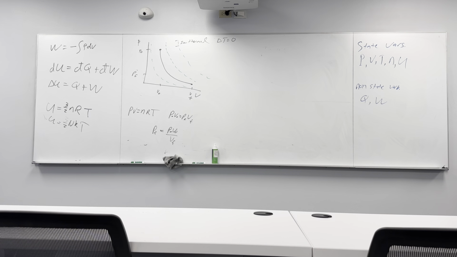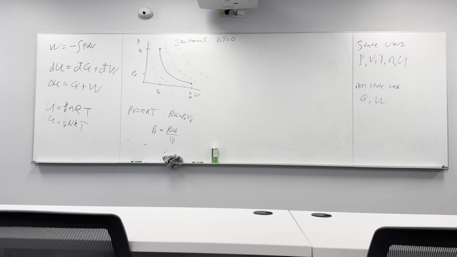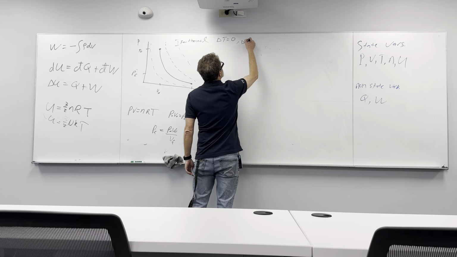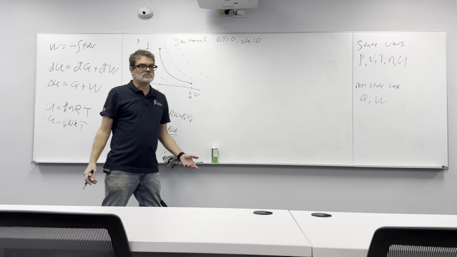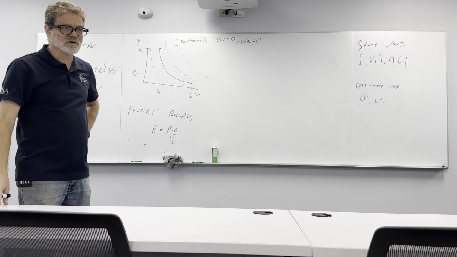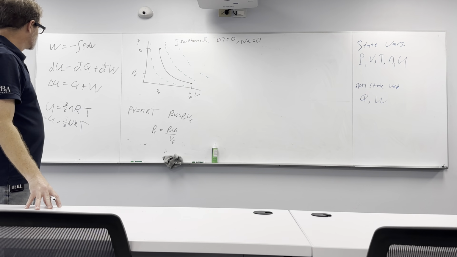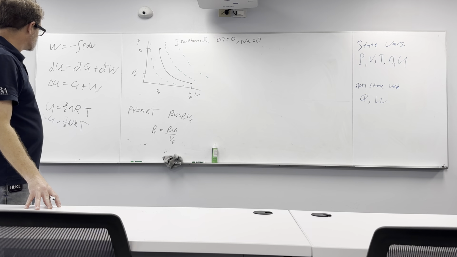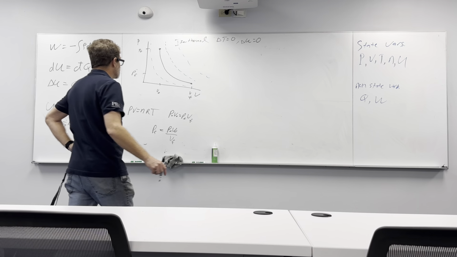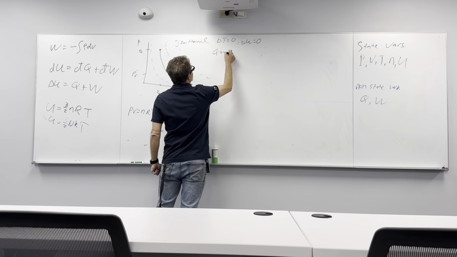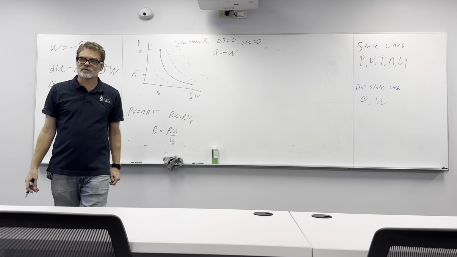No, not Q. Delta U, because delta U depends on delta T. So delta U is 0. What does that tell me about W and Q? By the first law, 0 equals Q plus W, so Q equals minus W in this process.